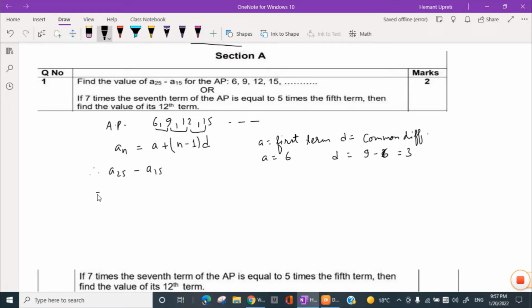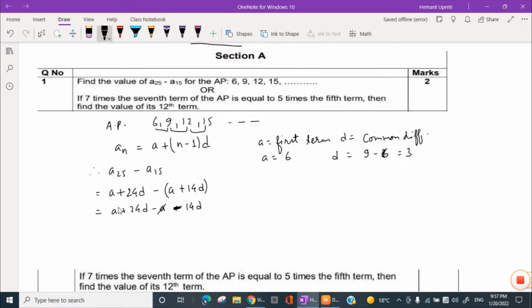So you will say A25 means A plus 25 minus 1, तो 24 हो जाएगा। A plus 24D minus, I'll put a bracket here, A plus 14D. So A plus 24D minus A plus 14D, plus minus becomes minus here, 14D.